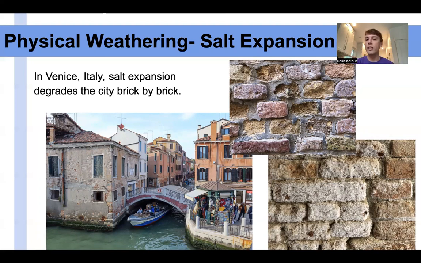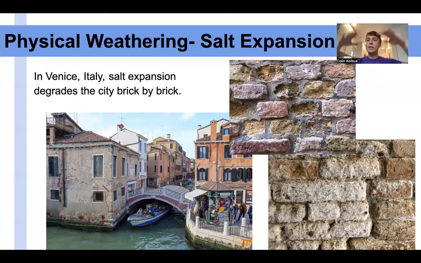This wasn't an issue before because the water in the Venice Lagoon was a lot lower, but now with global climate change and the sea level rise that we're seeing in our oceans, Venice is now experiencing more high water events, which means that there is water getting to higher places on these bricks.